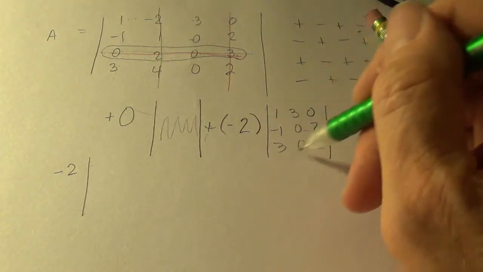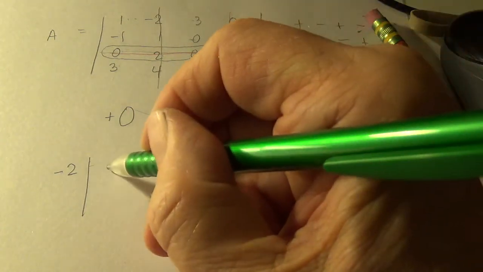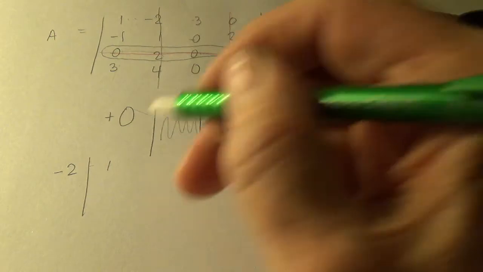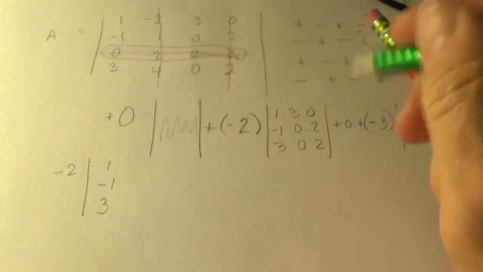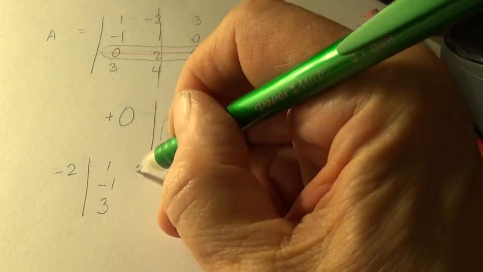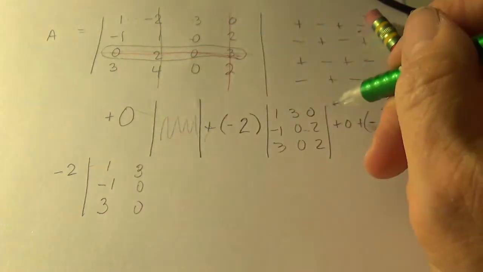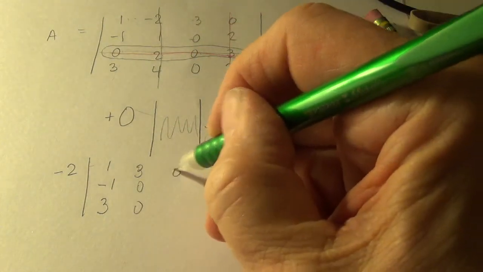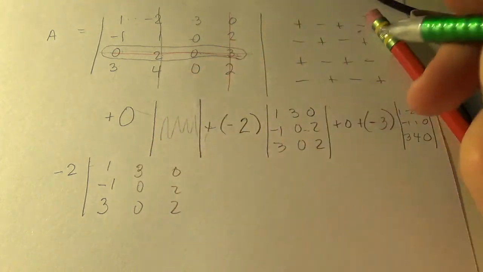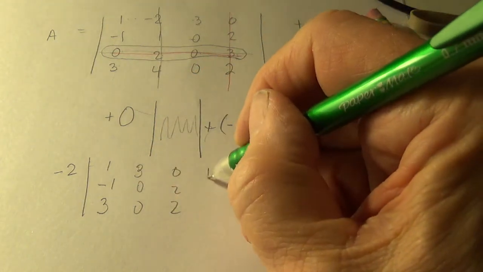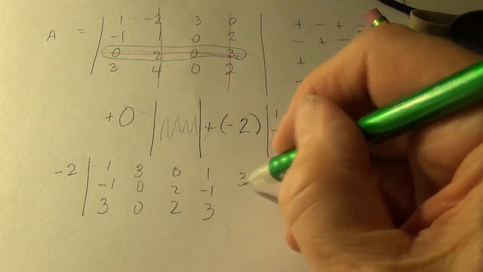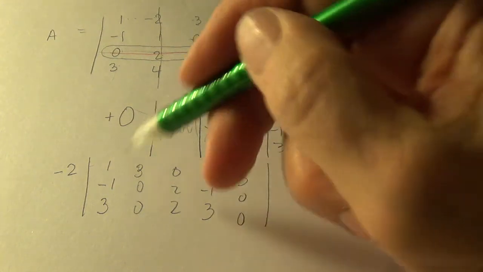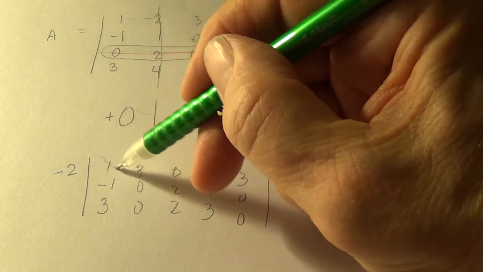I'm going to recopy the first 2 columns as I do when I find a determinant for a 3 by 3. Recopying the first 2, 1, minus 1, 3, and 3, 0, 0. Alright, see if I can line these up right the first time.